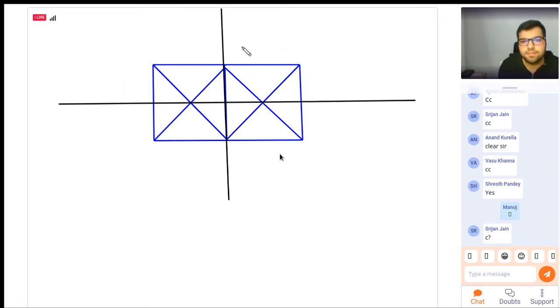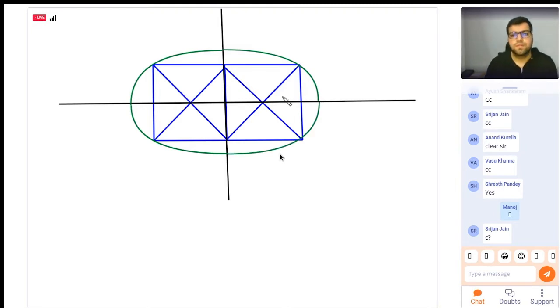Wait, let me do it. So this is how the figure will look.